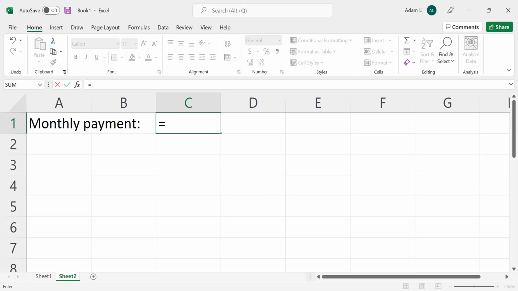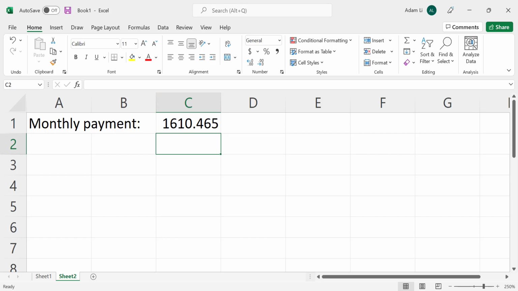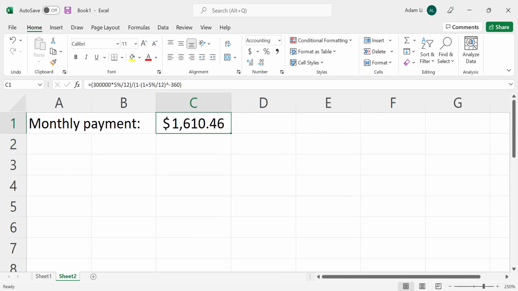Monthly payment equals 300,000 multiplied by 5% over 12, the numerator, divided by the denominator, 1 minus 1 plus 5% over 12 raised to negative 360 power. And the monthly payment comes out to be $1,610.46.